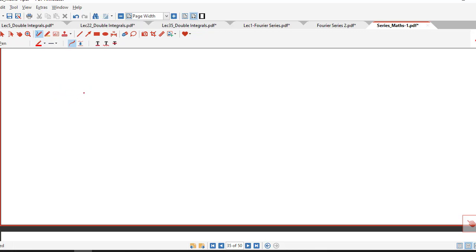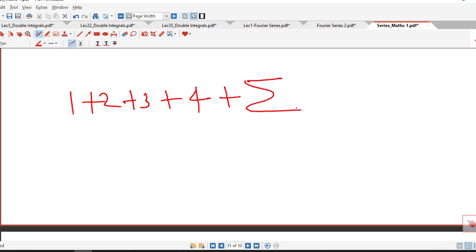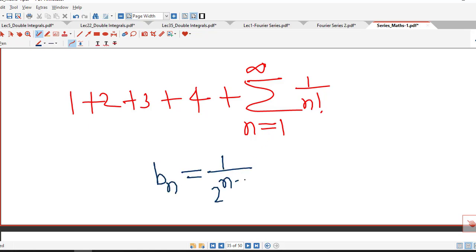Another thing is, suppose we have this type of series, say 1 plus 2 plus 3 plus 4 plus sigma n equal to 1 to infinity 1 by n factorial. Then to decide the convergence, if we are applying comparison test, then we will consider bn equal to 1 over 2 raised to n minus 1, and n will start from, there are 1 2 3 4 terms here, so here we can consider n from 5 to infinity.